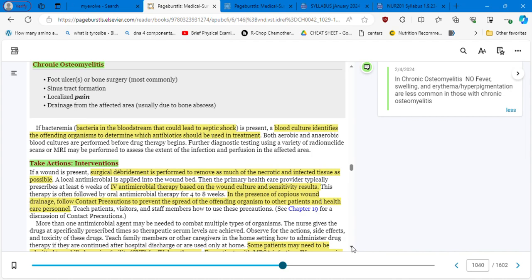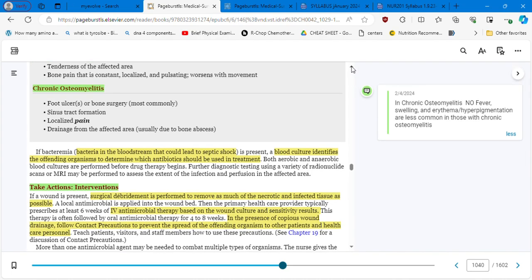And I dare to think that since you are draining the pus, the infection, that's why also there's no fever, because you are kind of getting rid of that bacteria, right? Could be a reason.